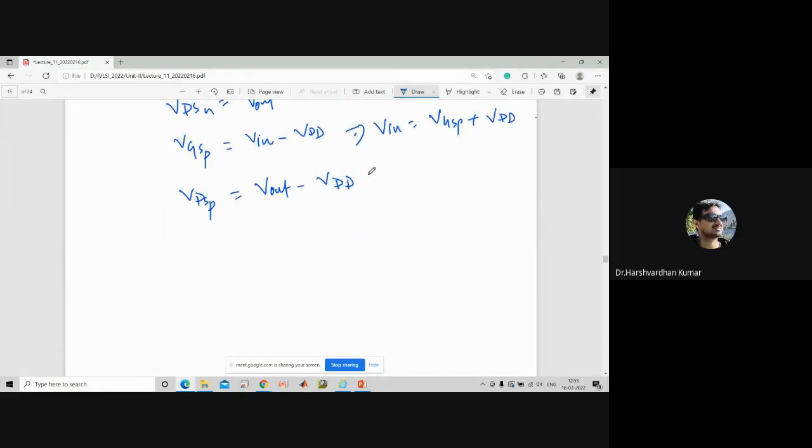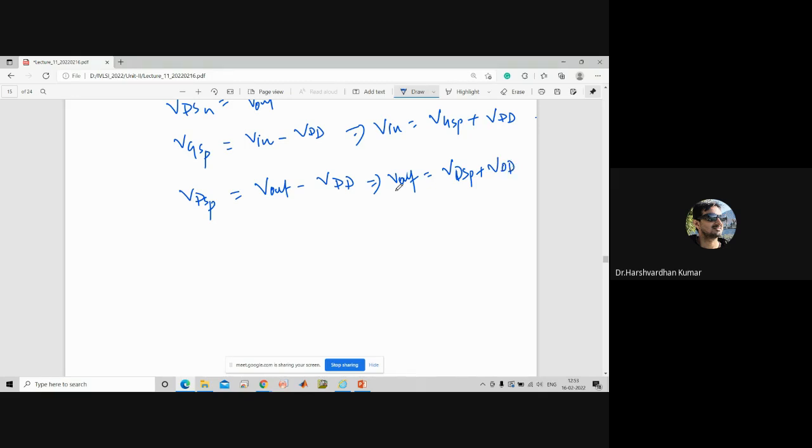Negative. Very good. If you understand this, then you can definitely draw the voltage transfer characteristics. From here, Vout is equal to the drain to source voltage plus VDD. Now we will see the characteristics.